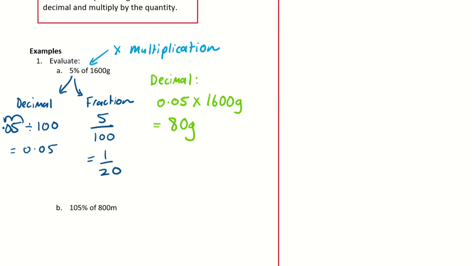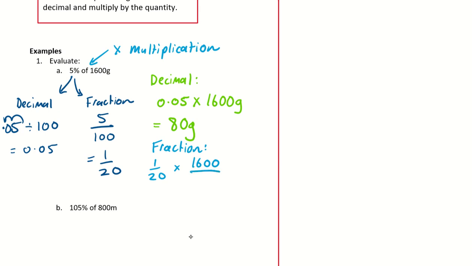Now it's important that we write our actual units there at the end because we're talking about a real world quantity. Now let's look at fractions. Okay, so here I'd have, now we said it was 1 on 20. I'm going to multiply that by 1600. Now what is the denominator of 1600?